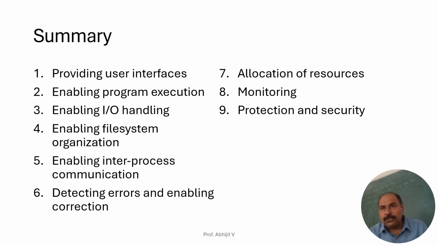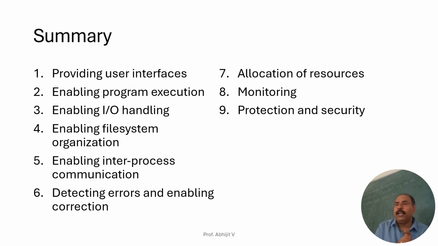So to conclude this session, we'll see the points we have discussed in detail. The first service offered by the operating system is user interface. Then it helps in execution of all the programs. It helps in input output operations and input output handling.